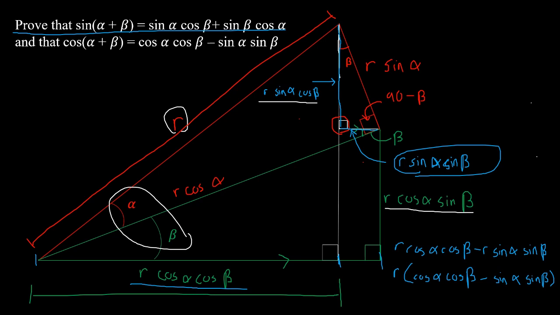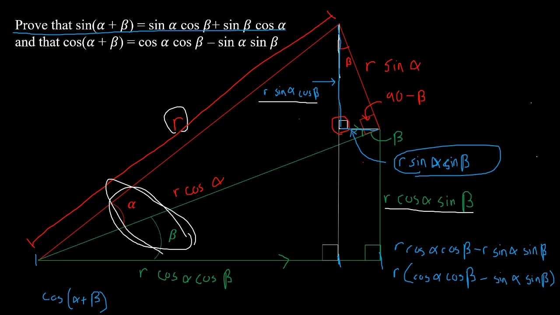So in order to find the cosine of alpha plus beta, which again is just these two angles right over here, we're going to have the opposite over hypotenuse. That's this side length that we just found over the hypotenuse, which is just r.